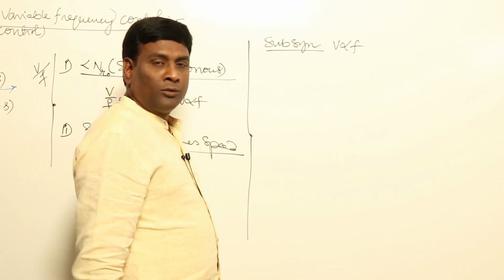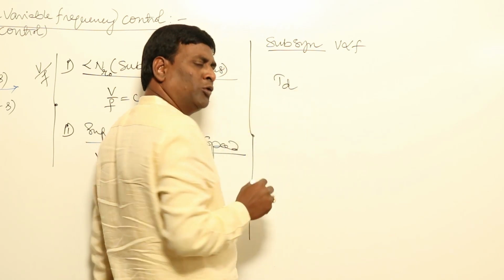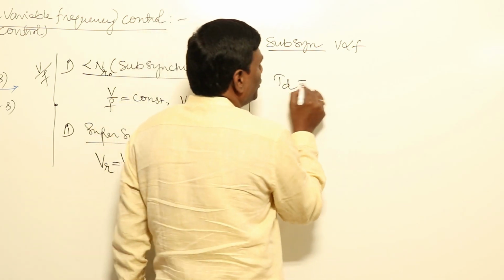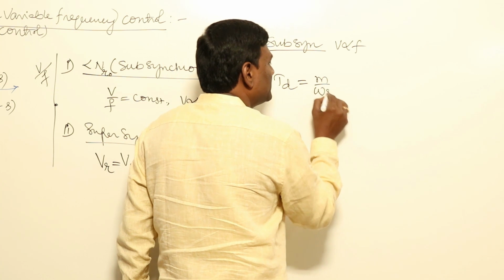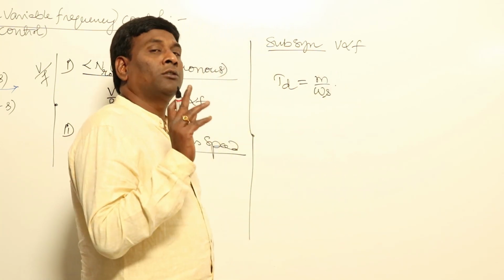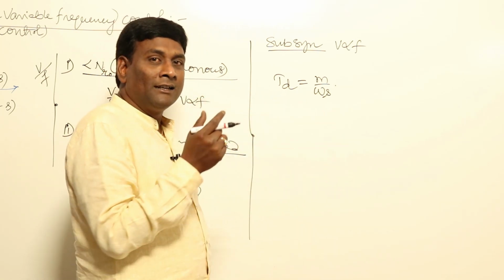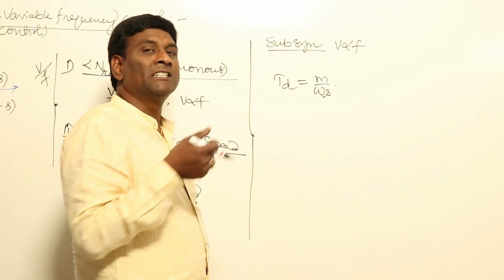Now, in the subsynchronous speed, what is the torque developed? The full equation is m by omega s into I2 square R2 by S. What is I2? Think of RTH, XTH, X2, R2 by S. In that, RTH and XTH were neglected and VTH became V1.